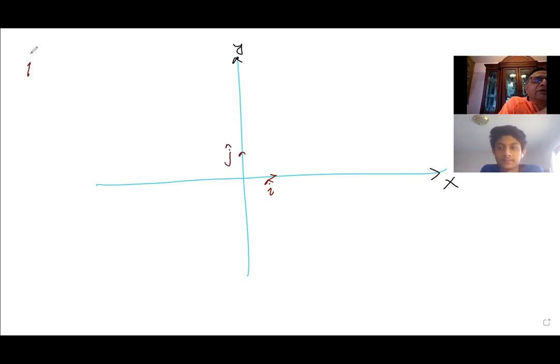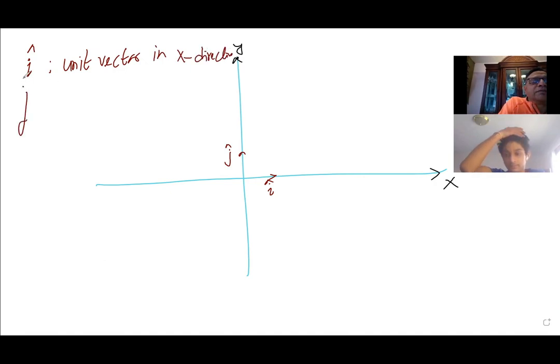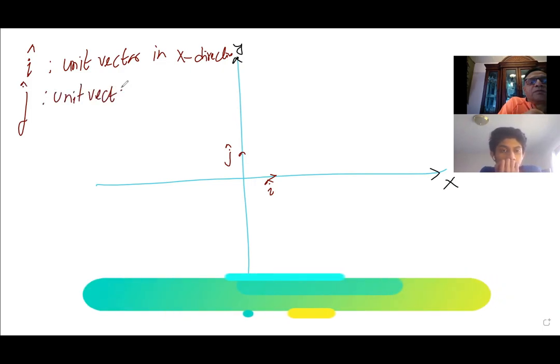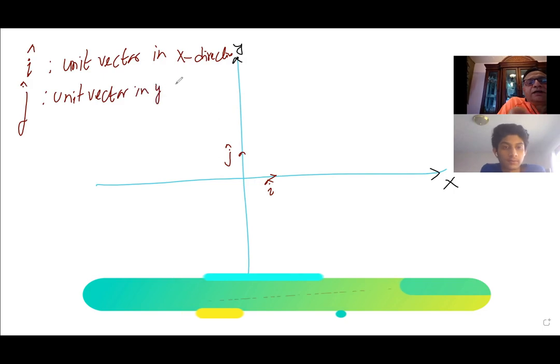We normally write this i with a cap. So this means unit vector in x direction. And j means unit vector in y direction.